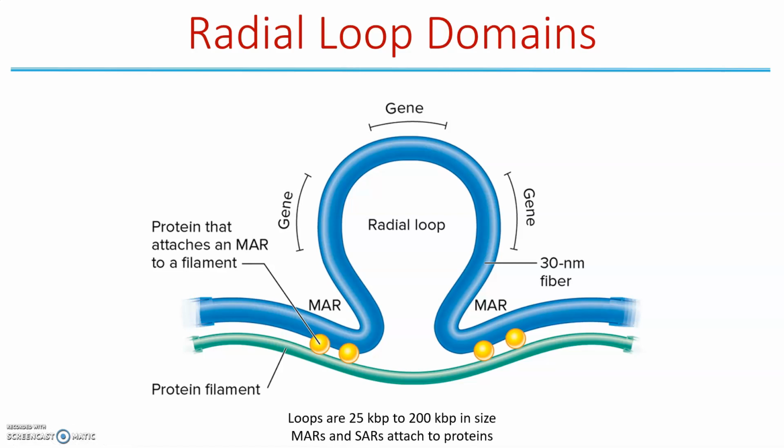MAR stands for matrix attachment regions, also called scaffold attachment regions, and they are interspersed at different regions in the genome, and they bind to specific proteins in the nuclear matrix. So we have areas on the DNA whose job it is to bind to proteins in the nuclear matrix that allow us to form these radial loops, which allows us to further compact our DNA. Are we okay with this idea?